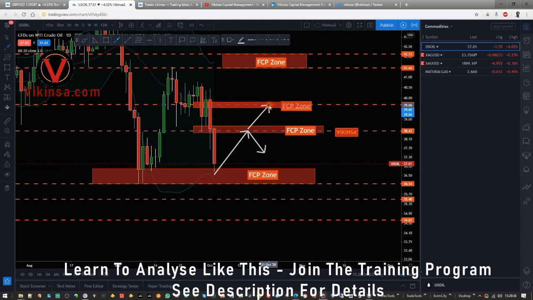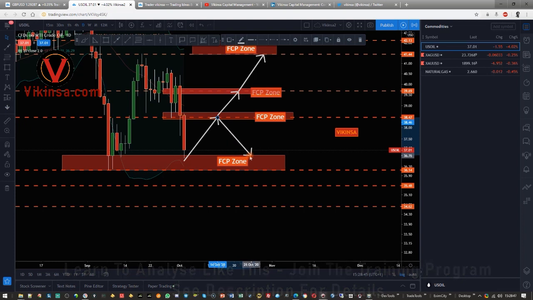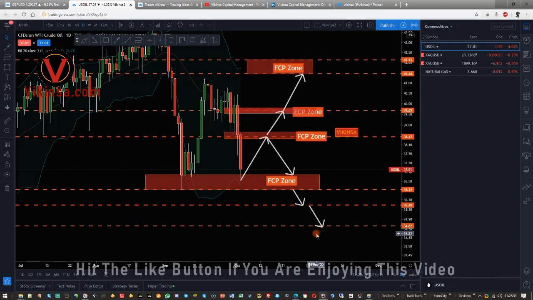Again, if we get confirmation to stay long or add to our long position, we'll continue to that level. If this keeps on falling, then it is expected to come back into this FCP zone. Then we'll have to reanalyze whether it wants to go down or not. But on the bearish side of things, these are the levels that we are going to look at. So that's our trading plan.